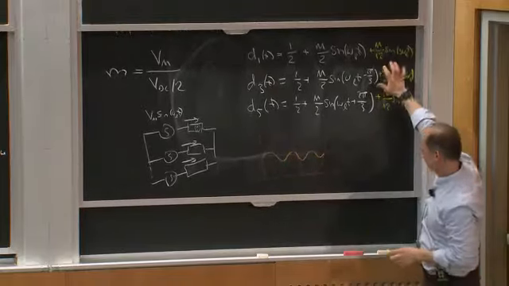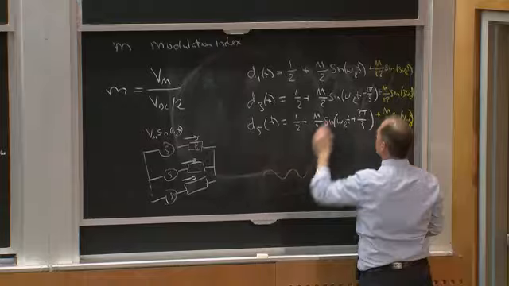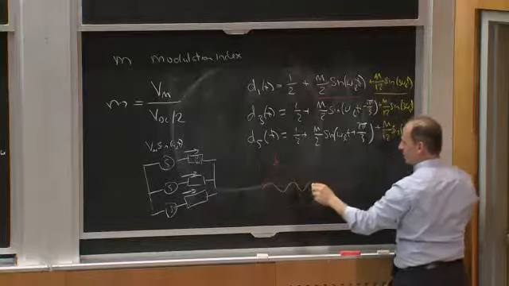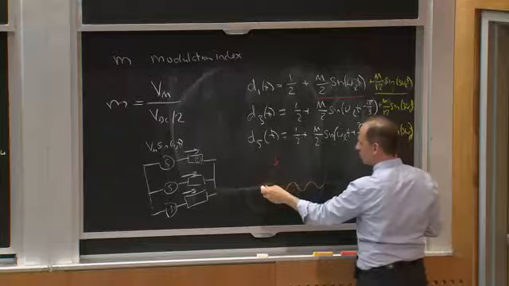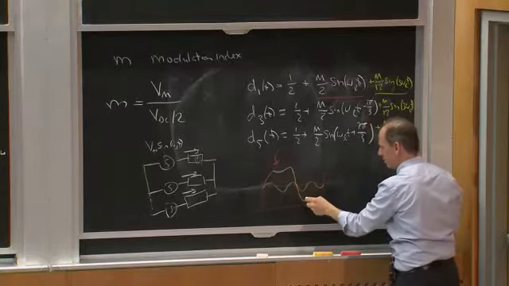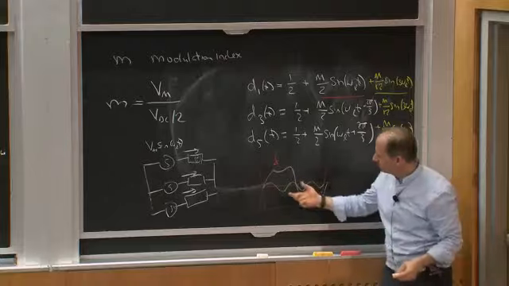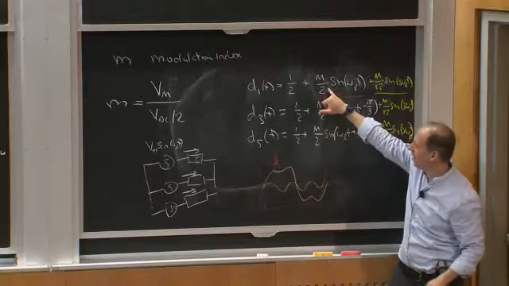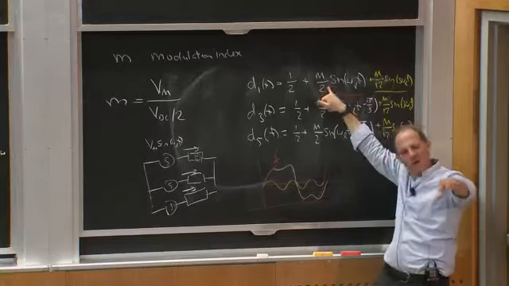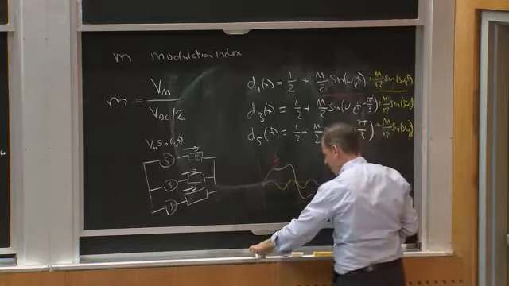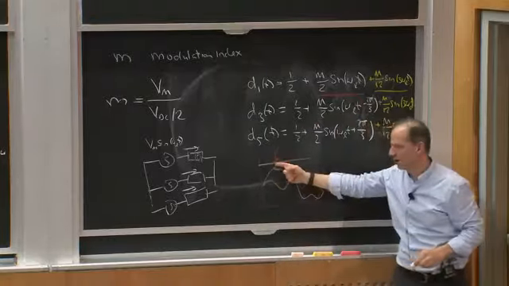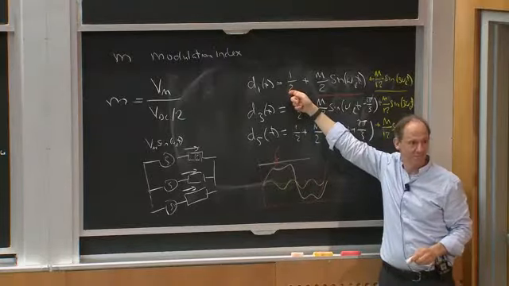So the sum of this piece and this piece has some distorted shape which does something like this. And what that means is I can turn up m just bigger than 1, and it turns out to be about 1.15, before basically the peak will hit VDC over 2, or before my duty ratio will saturate at 1.